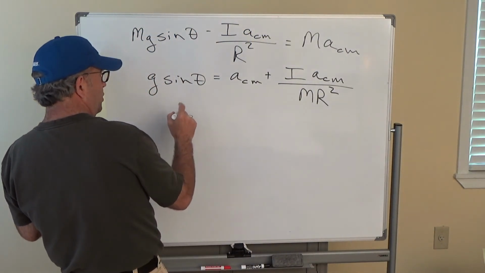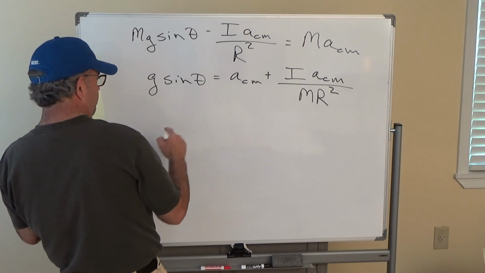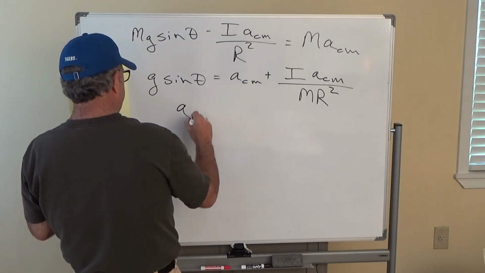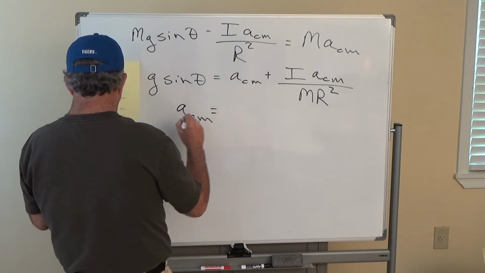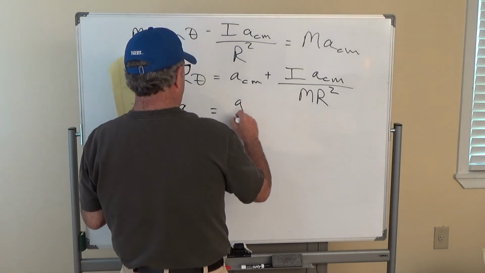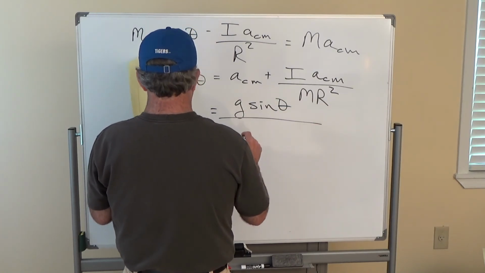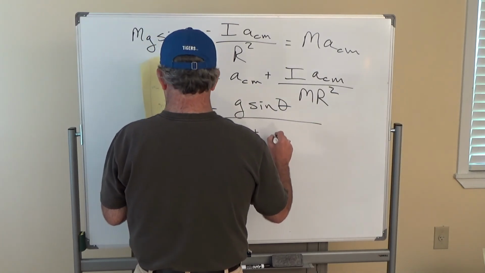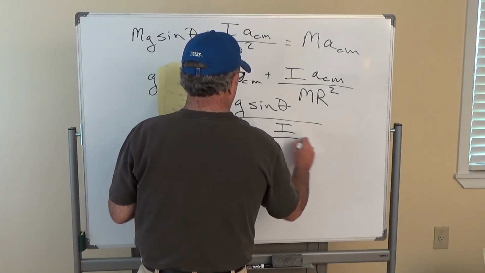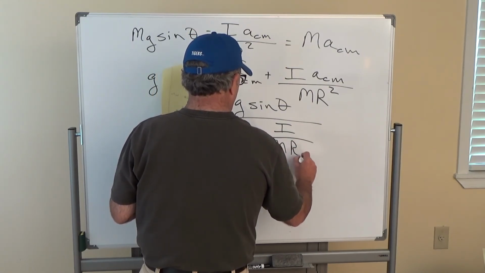So from collecting variables, a center of mass is equal to g sin theta divided by 1 plus I over m R squared.